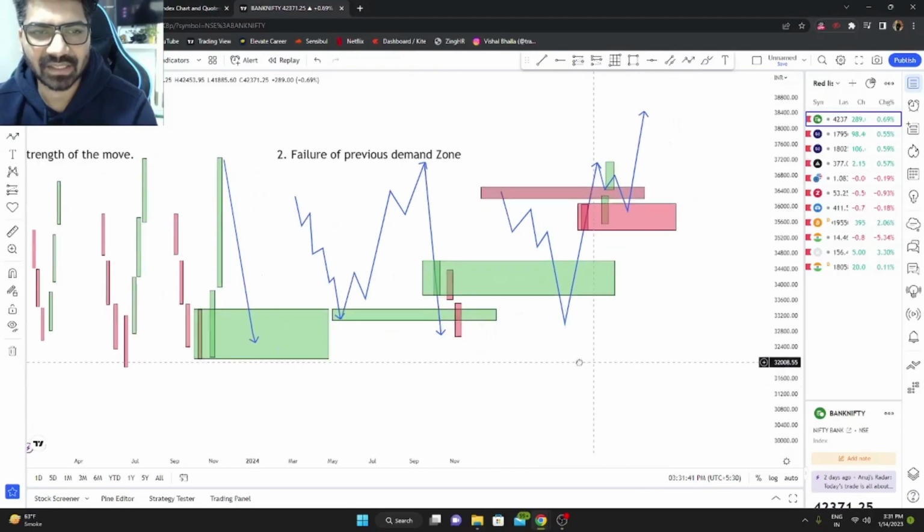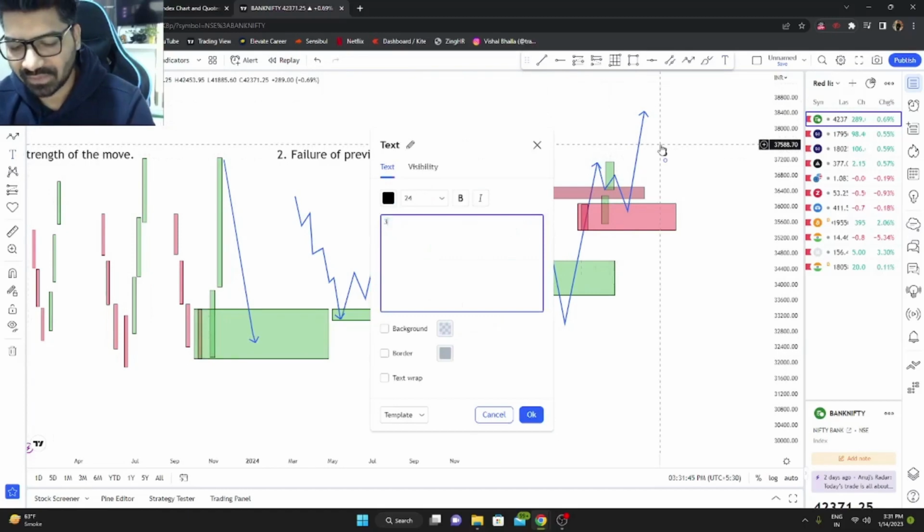Now the third criteria is the freshness of the zone. What is the freshness of the zone? The areas which are still not mitigated.